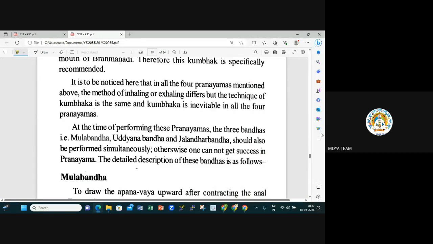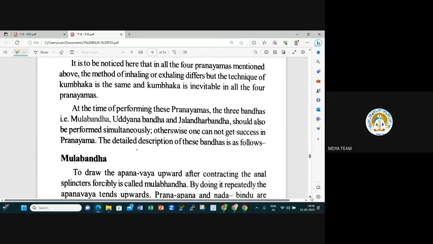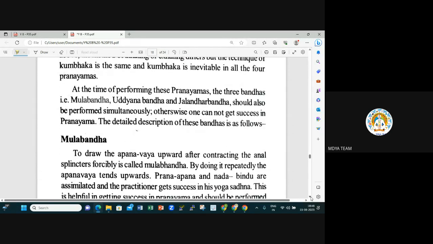I already told you where you need to inhale and where you need to exhale. What is the difference? Okay, but the technique of Kumbhak is the same, and the Kumbhak is inevitable in all the 4 pranayam. Clear?